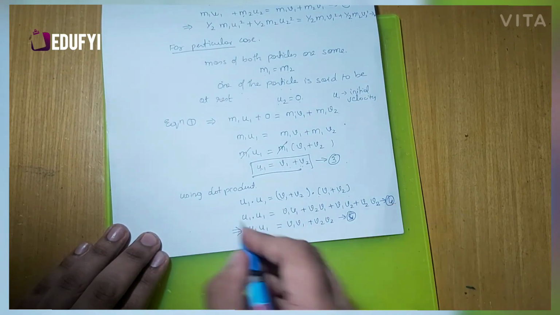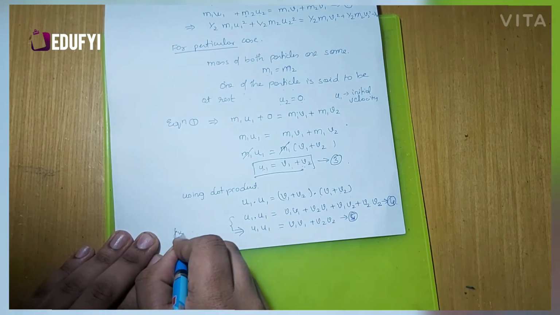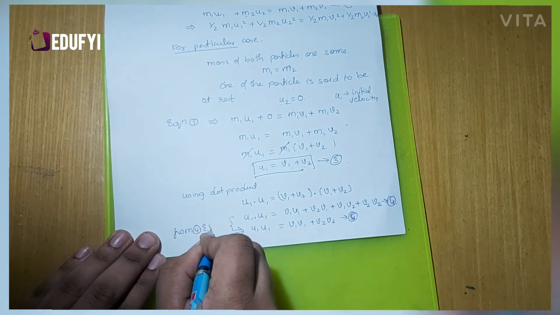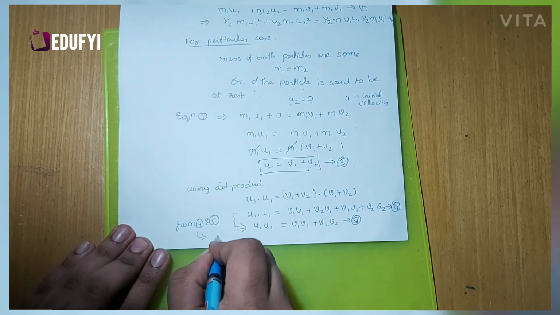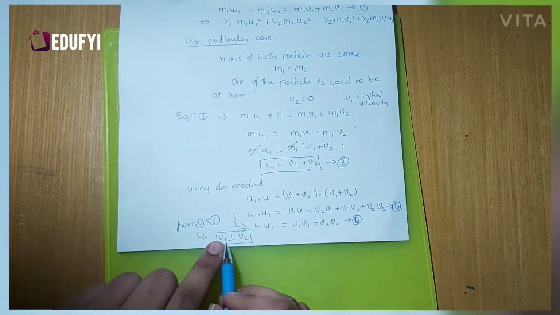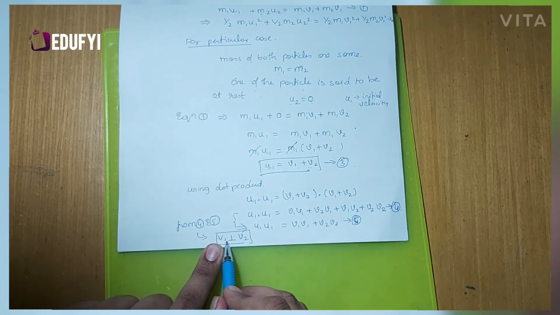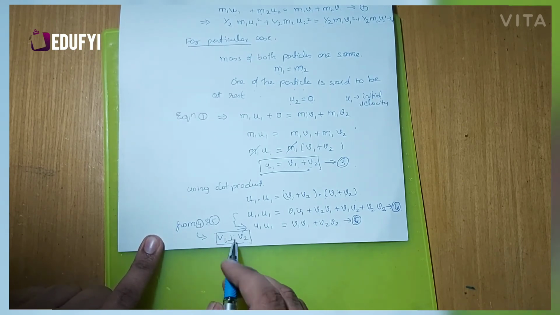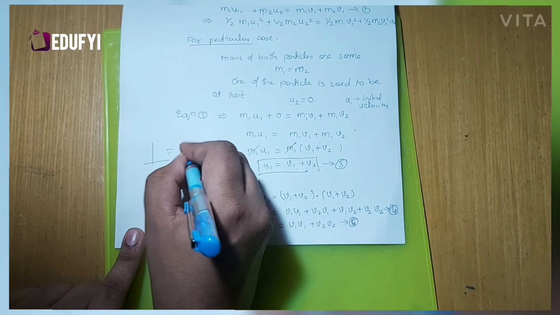From 4 and 5, we can easily say that the final velocity of the first particle, v1, is directly perpendicular to v2. What is directly perpendicular? It means 90 degrees.